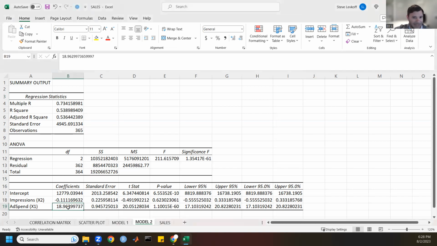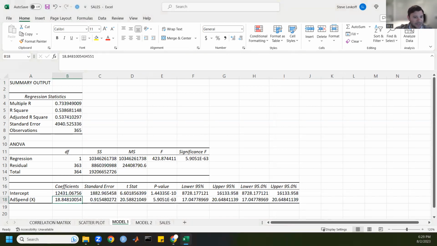Again, model 2's ad spend effect says if ad spend goes up by 1 unit, sales goes up by about 19, right? 18.96. Model 1 made about the same prediction. Ad spending goes up by 1 unit, sales is going to go up by around 18.85, right? So almost, again, a 19-point effect if ad spend goes up by 1 unit in terms of a 19-point effect positively on sales.